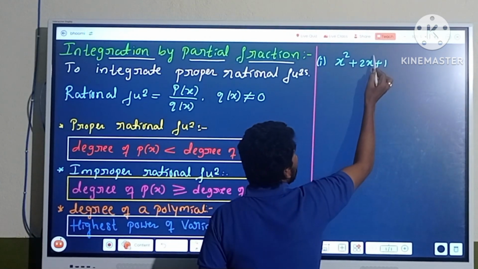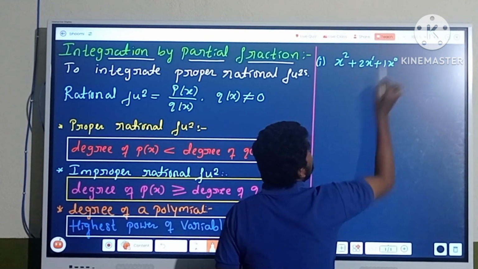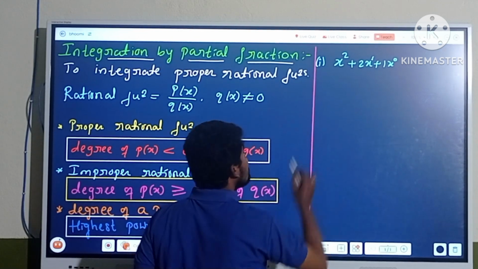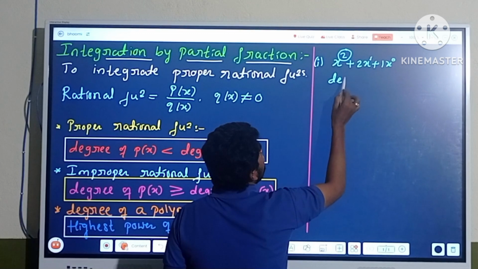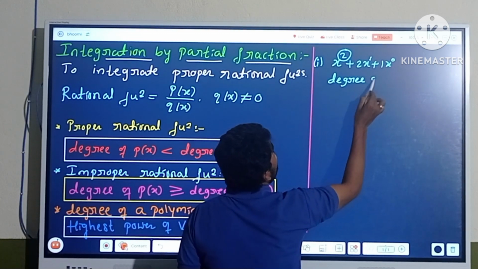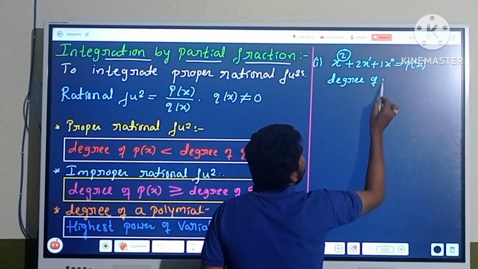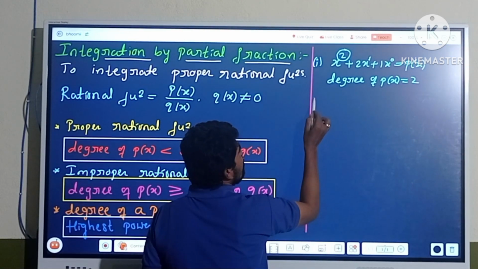In the second term, the power is 1. And in the third term, the power is 0. Among these three powers, 2 is the highest value. Therefore, let us consider this as px, and the degree of px is 2.